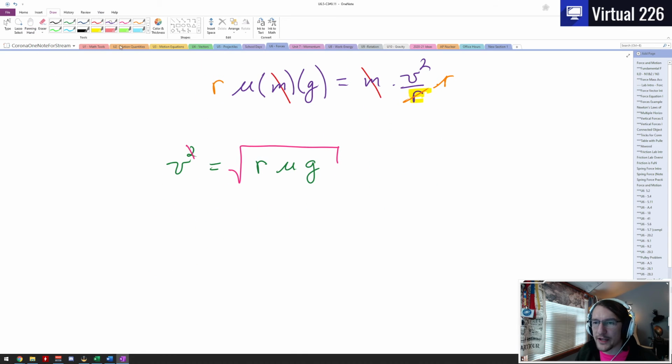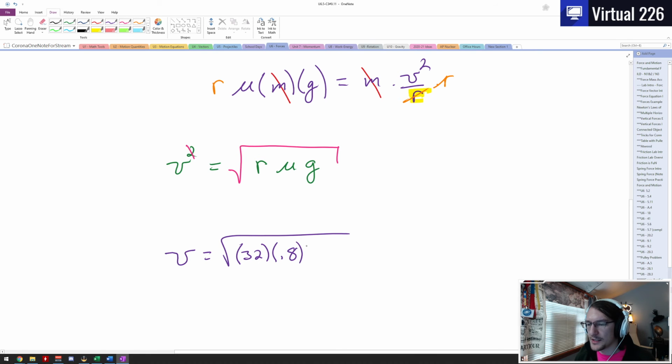So our final answer comes out to be that the velocity is equal to the square root of the radius of our curve, 32 meters, times the coefficient of friction, 0.8, times gravity, 9.8 meters per second squared. Our units on the inside are actually meters squared per second squared, which works out really well because when we take the square root of that, we get meters per second.